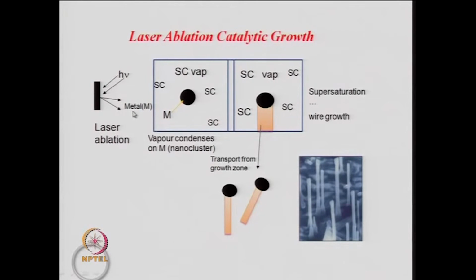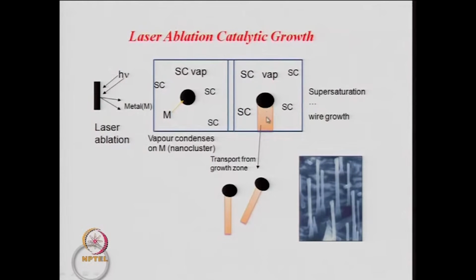They can be atoms or clusters which come out, and these clusters of metal atoms, when they are surrounded by the semiconducting material, then this semiconductor material will dissolve in this cluster, and then it reaches a point of supersaturation. So, when the semiconducting material crosses a certain concentration within the globule, then it starts forming these wires.